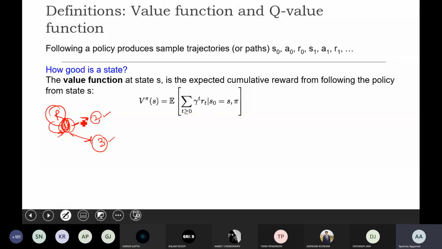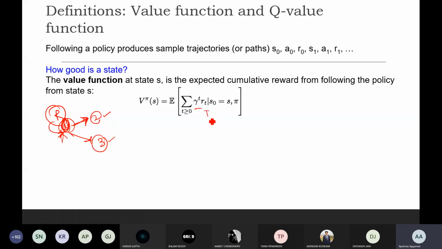This decides whether it's a good state or not. In a game, if I reach this one, this reward will decide whether it makes me win or lose. So this is the value function. It is basically nothing but the sum of all the rewards.